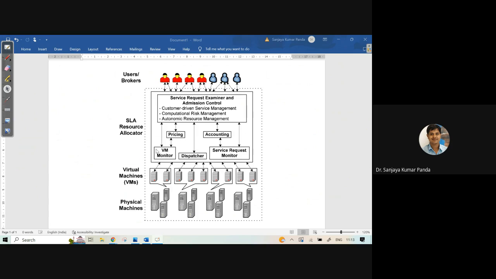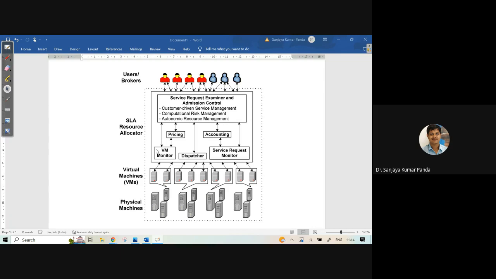Which service request is queued or waiting? Which service request is terminated? All these statuses you can get from service request monitoring. Just like you are looking at a window or a dashboard, you can see out of 100 requests, how many are accepted, how many are queued, and how many are rejected.